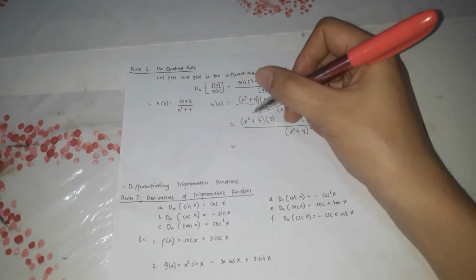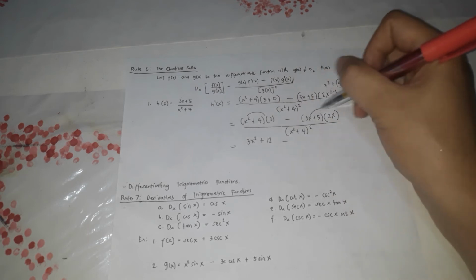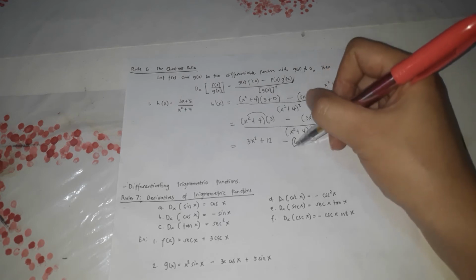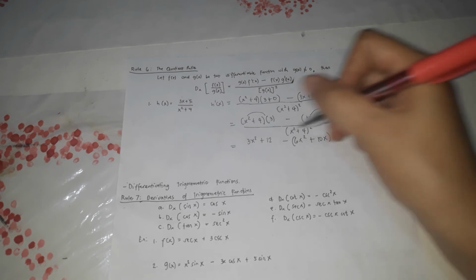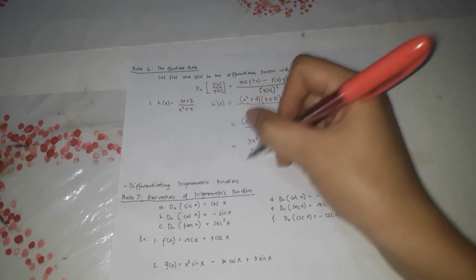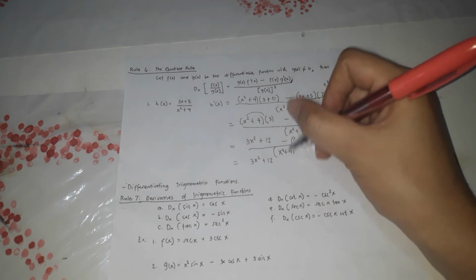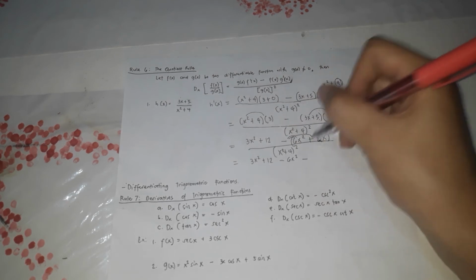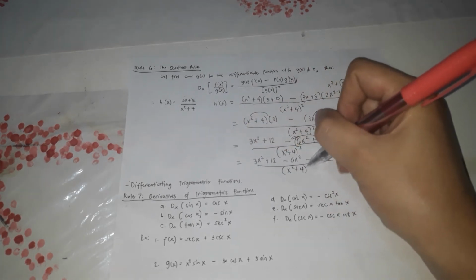So simplify, multiply: 3x squared plus 12 minus 6x squared plus 5 times 2, 10x, over x squared plus 4, squared. Wait, the 3x squared plus 12 minus becomes negative, because negative times positive is negative 10x over x squared plus 4, squared.